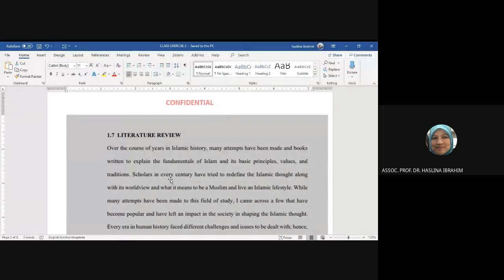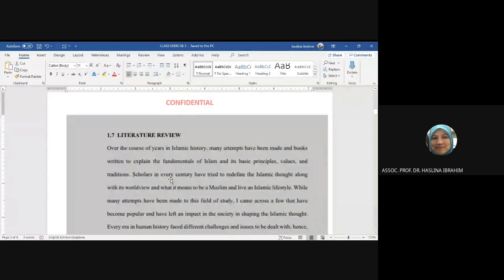If you're writing in English, you have to be very straightforward and precise. So you don't use bombastic language. You don't speak behind the lines. You don't make the examiner try to interpret.